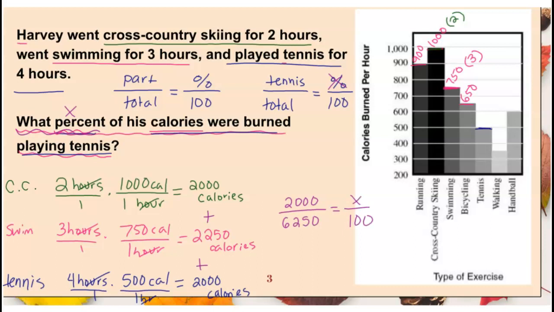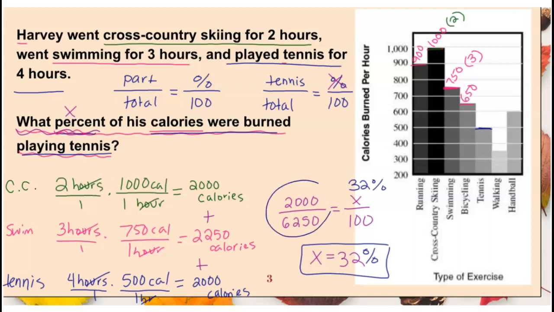So that's part to total, tennis calories burned of the total calories. Cross multiply, 2,000 times 100 divided by 6,250 is 32. So 32% of his calories were burned playing tennis out of the total. So that's about 1/3 of his calories, and that is about 1/3 as well.